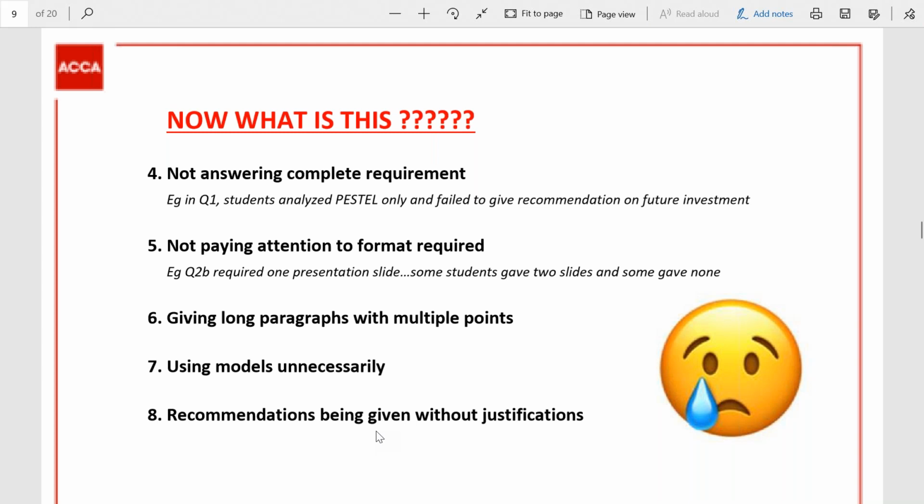I think you can really sense that I am pissed off on this slide. I mean, let's be honest, if you are a neutral person and you look at this: students not answering complete requirements, students not paying attention to formats, students giving long paragraphs with multiple points jammed into that paragraph, students using models unnecessarily or forcefully, and recommendations being given without backing up justifications.